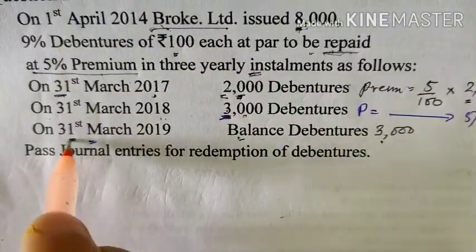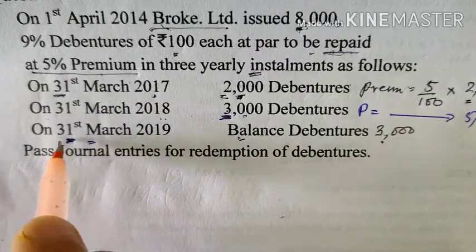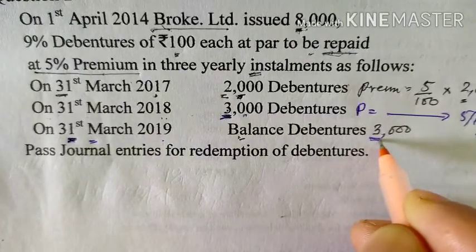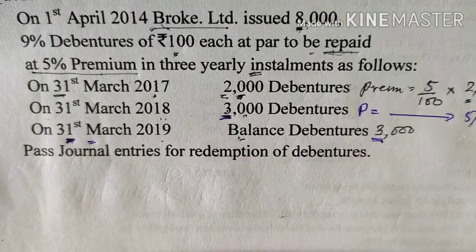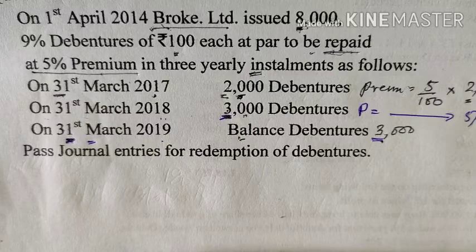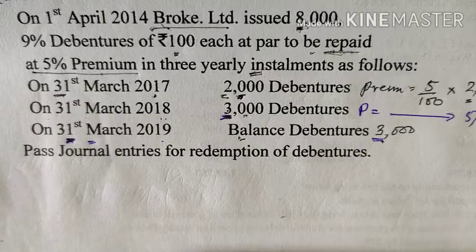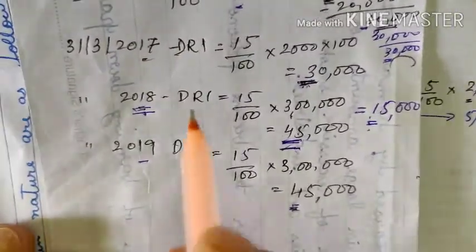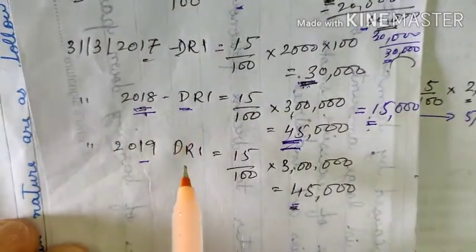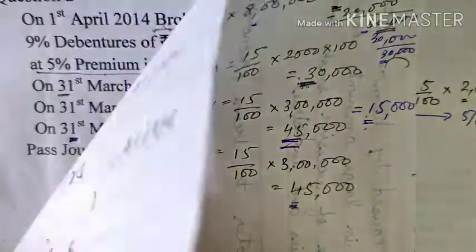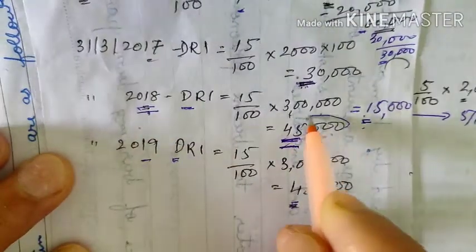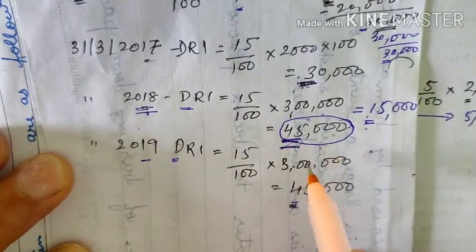Now we'll make the entry for the last installment, that is 31st March 2019, balance of debenture. That means this 3 lakhs has been redeemed. First entry is for DRR, but DRR is already done. We don't need to make the entry for DRR. Now next entry is for investment to be made. Let's check whether we require to make the investment here. We have already calculated DRR for 2018, DRR for 2019 here. So in 2018 we have the total investment already done, 45,000.